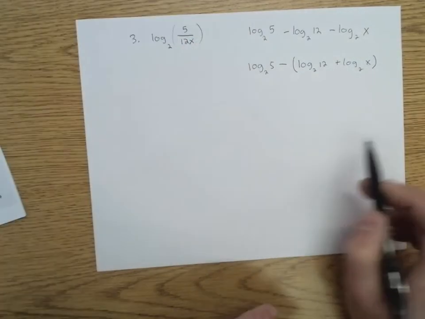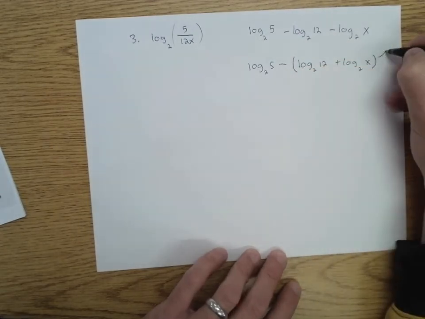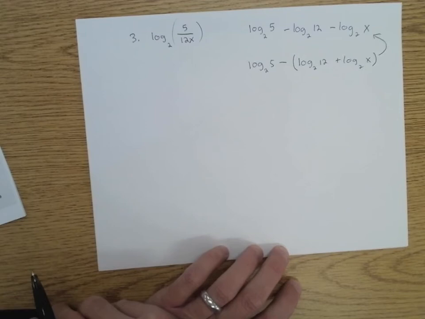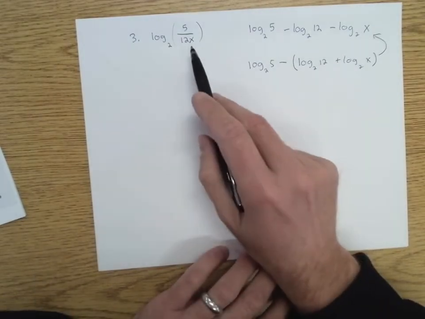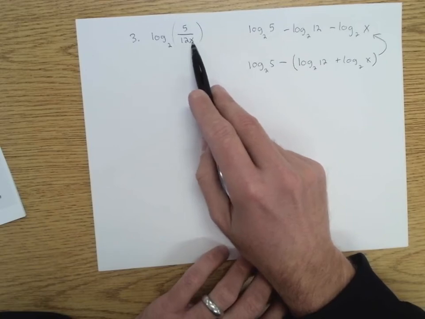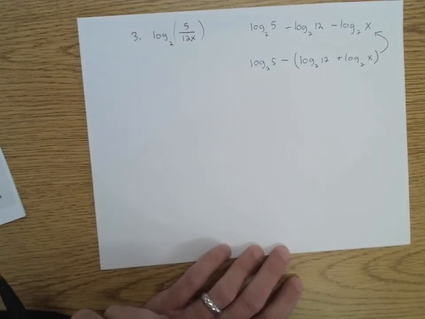If I do it that way with the parentheses, after you distribute the negative sign, you get what I wrote up there first. It's just different ways of looking at the problem. The main thing to understand is that every time you have something in the denominator, either a number or a variable, it's going to be a subtraction because you're dividing by that.